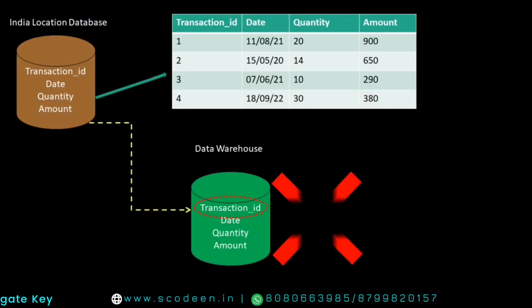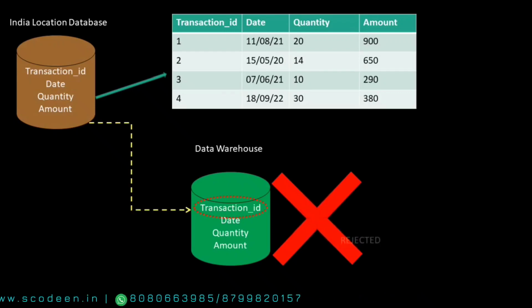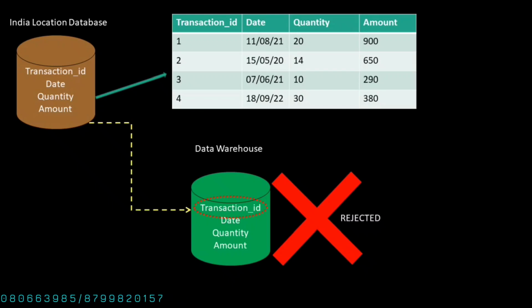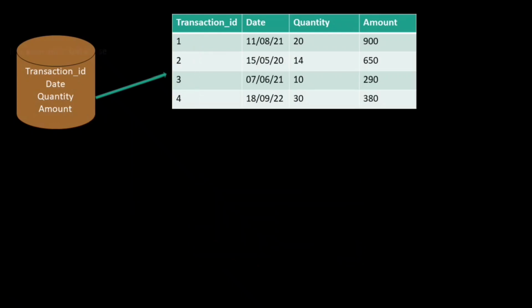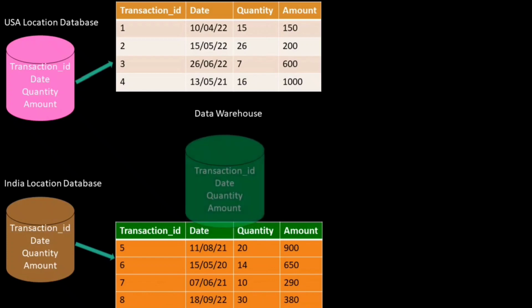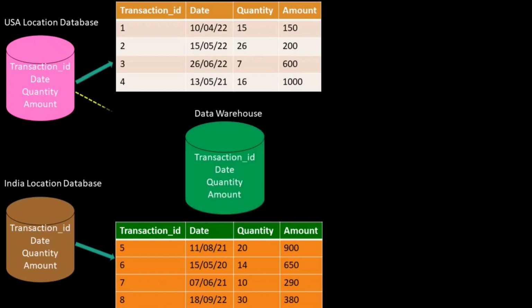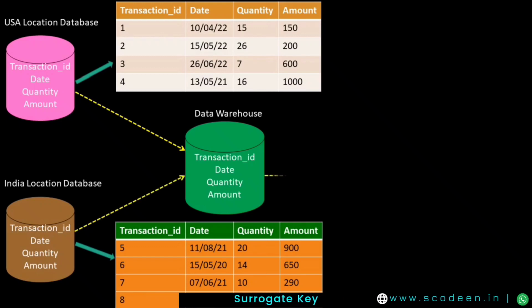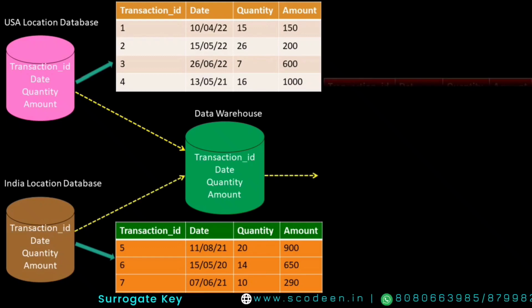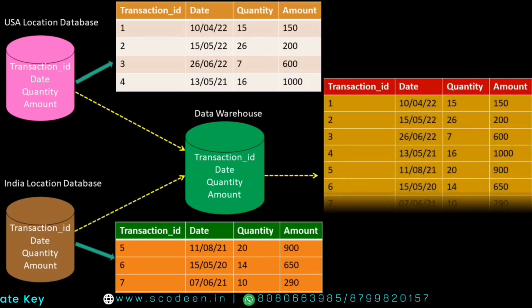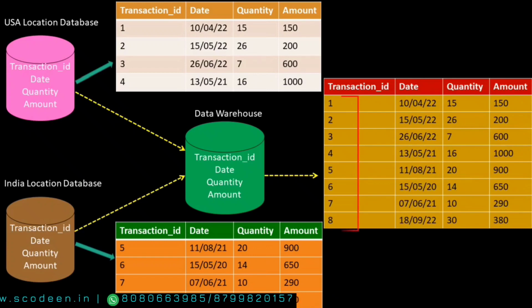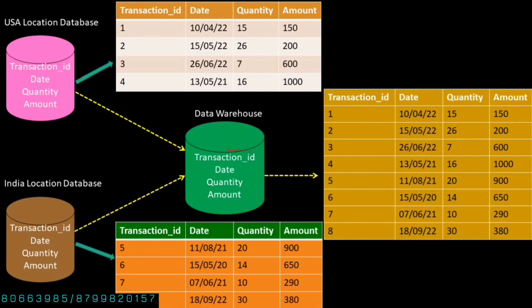We can observe here source system 2 has the same transaction IDs, that is 1, 2, 3, 4. In this case, source system 2 will be rejected by the data warehouse. This is the critical condition. To resolve this issue, we are going to implement the surrogate key for the second source system. The transaction IDs will be 5, 6, 7, 8.